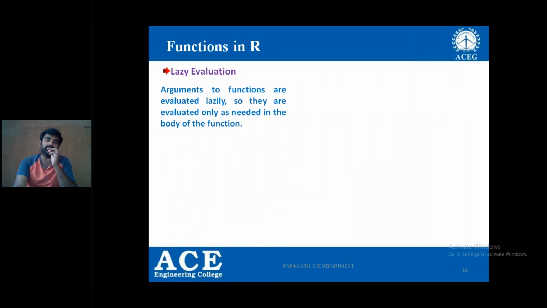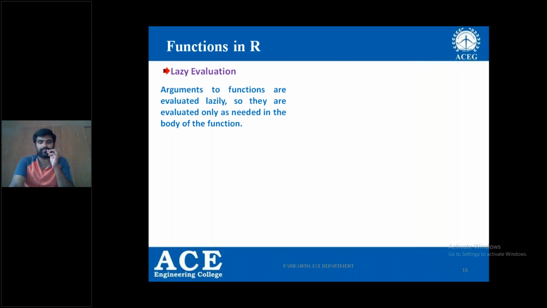Lazy evaluation. Sometimes arguments to the functions are evaluated lazily, so they are evaluated only as needed in the body of the function. Simple thing: I'm writing the function as f of a comma b, but I'm not interested in passing both arguments, and I'm writing code which uses only the first argument a.